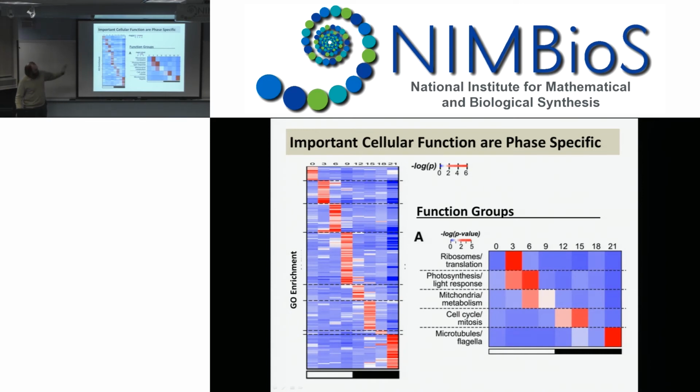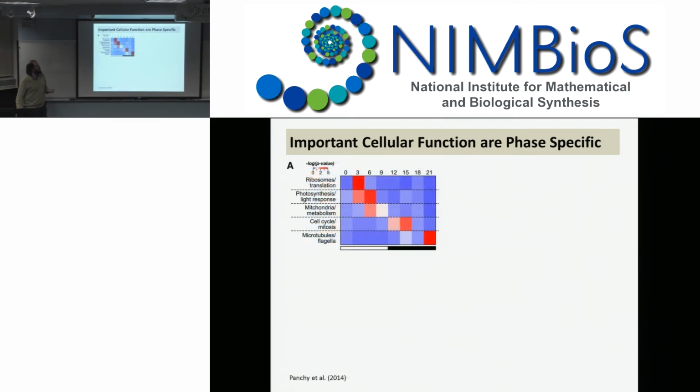All right, so from the GO term perspective, we found enrichment of these functions with phase, but is that actually reflected in expression? So here we took all of the genes that fell into each one of these function groups, no matter whether we predicted them to cycle or not, and looked at their average expression.